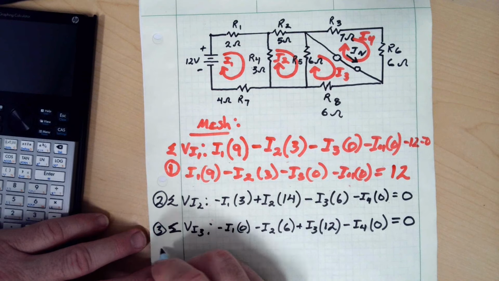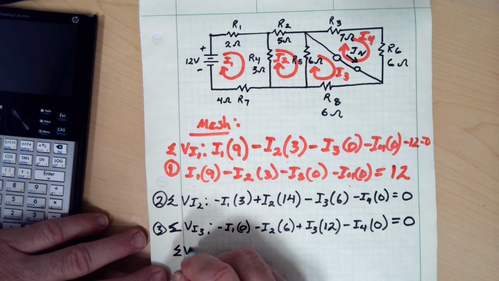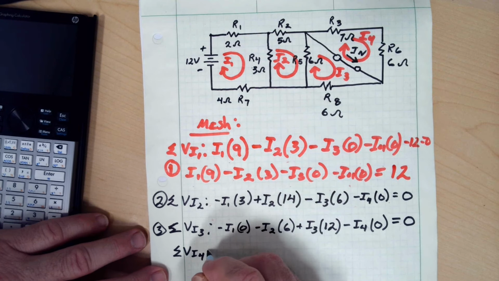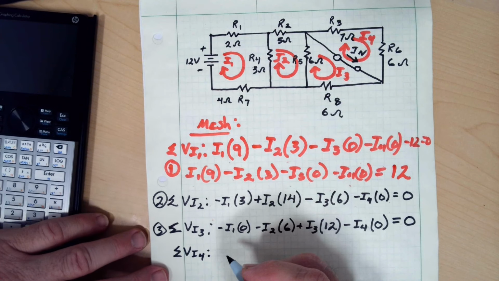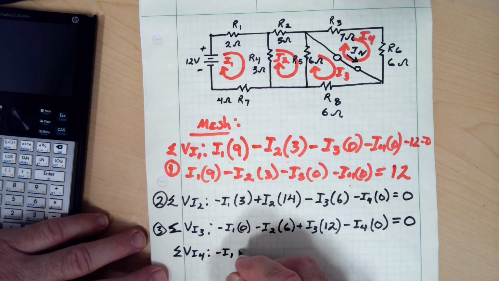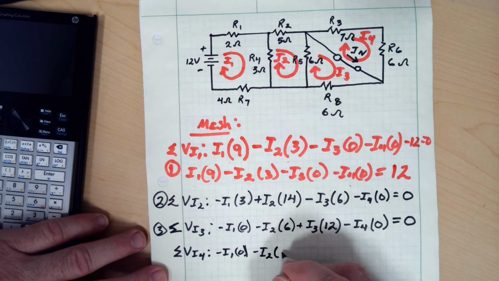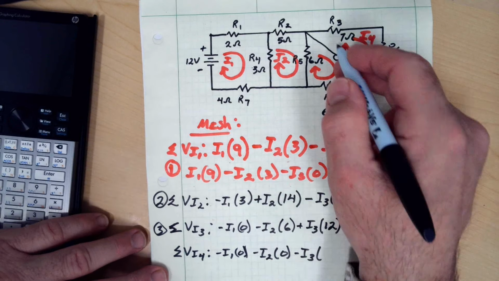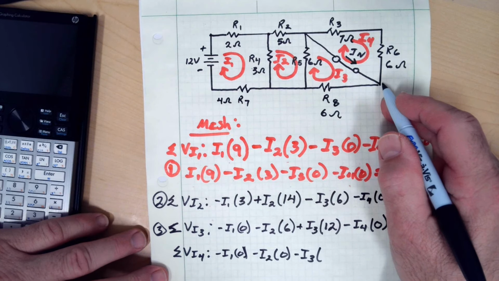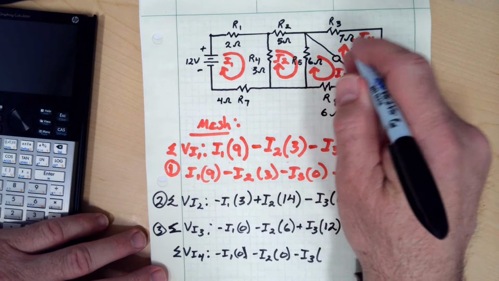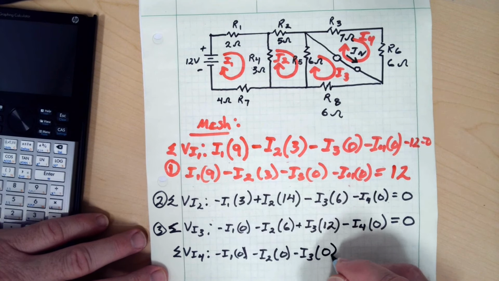Then we've got our fourth loop that we're going to sum the voltages to find that current. I1 does not touch it, neither does I2. I3 touches it, but again there's no resistance. It's just 0 ohms between this loop and that loop, so that's just a 0.